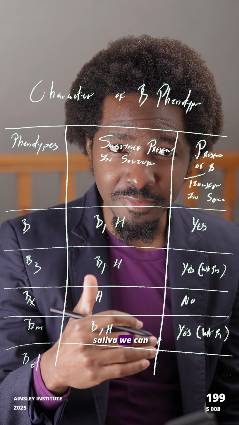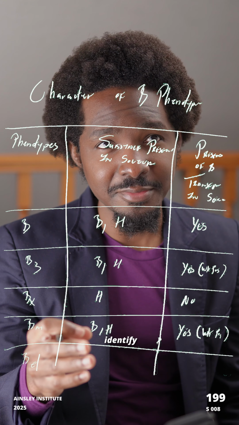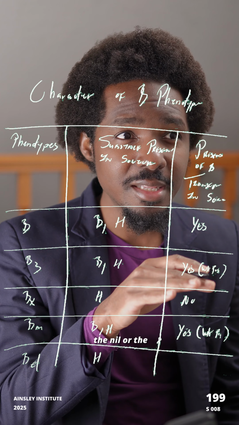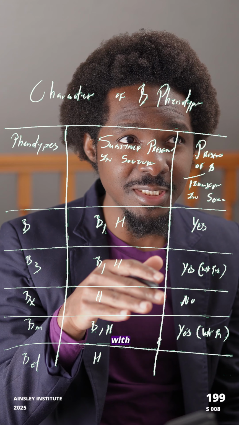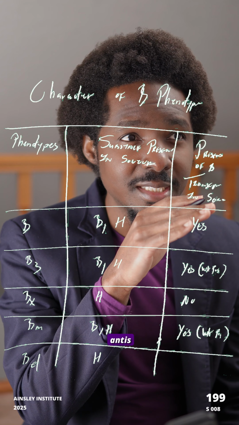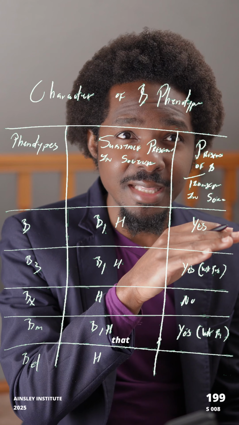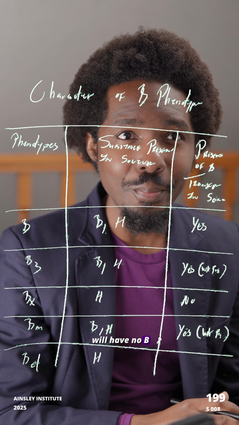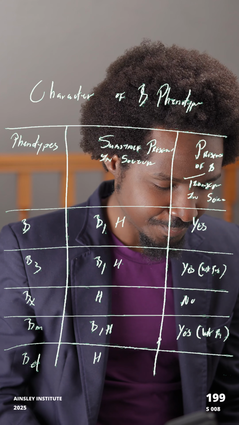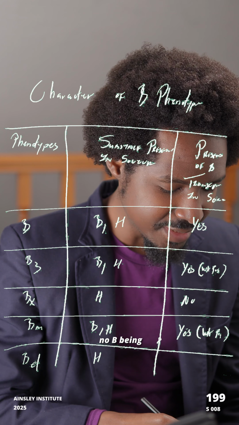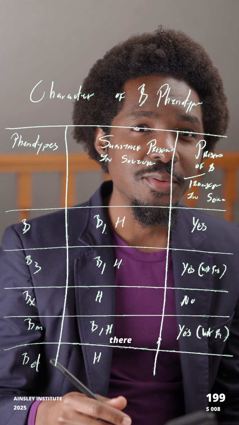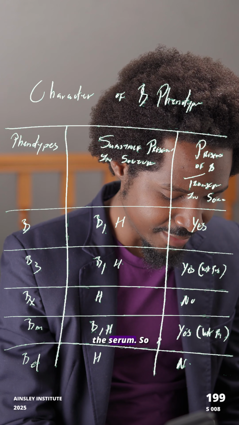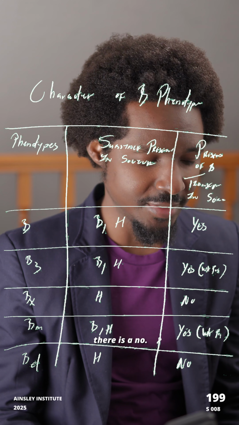So in the saliva, we can identify H, but because of the non-reactivity with the other antisera that could be identified in the saliva, we will have no B being secreted. And if there's no B being secreted, then there will be no B transferase in the serum. So there is a no.